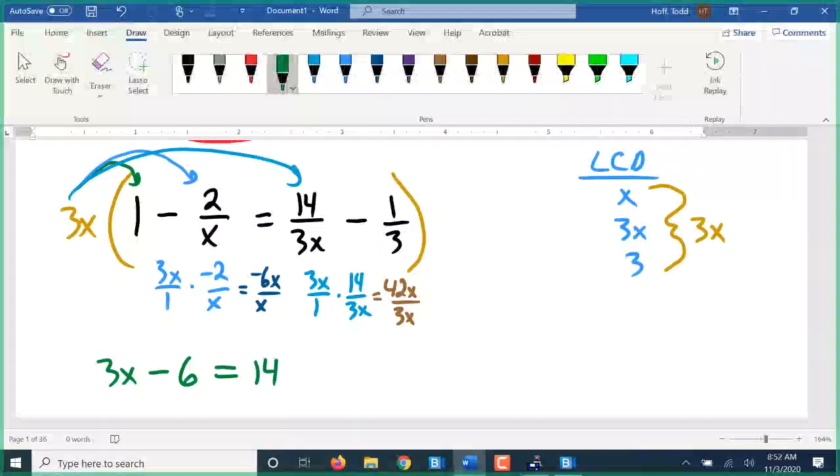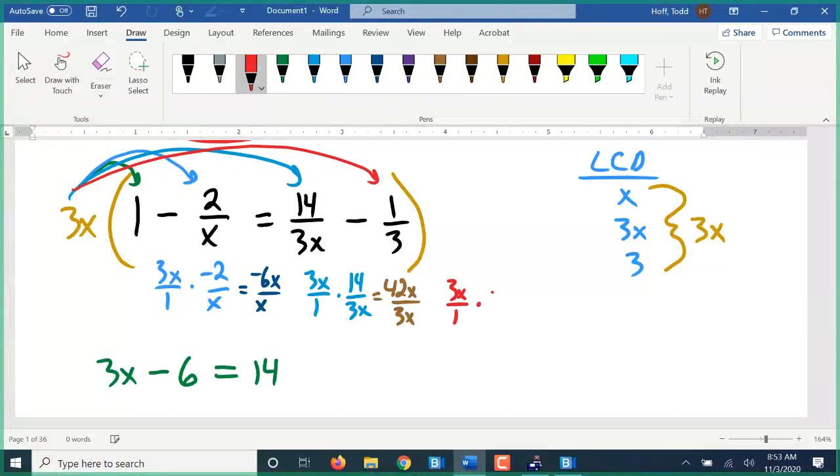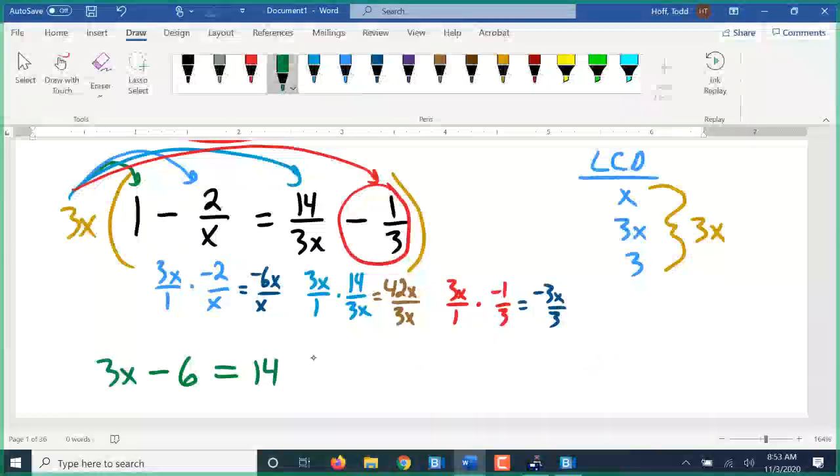And finally, we have 3x times negative 1/3. 3x over 1 times negative 1 over 3. Notice, by the way, that when it's a negative in front of the fraction, I put the negative with the numerator. So 3x times negative 1 is negative 3x. 1 times 3 is 3. Well, negative 3x over 3 is a negative x.